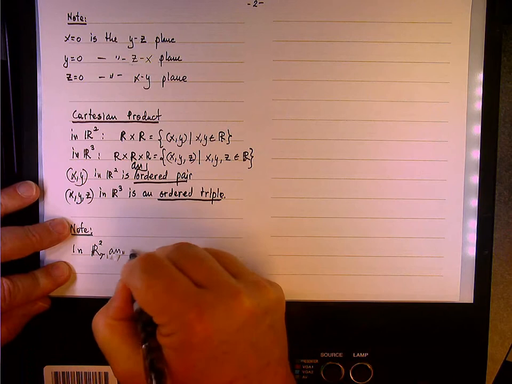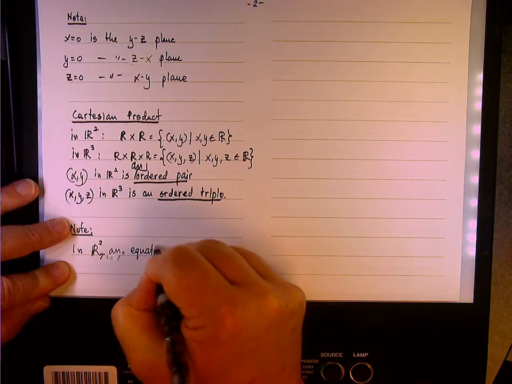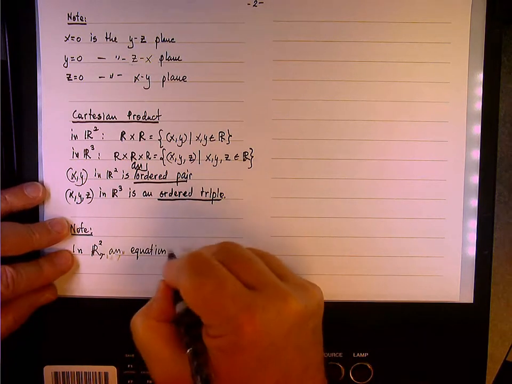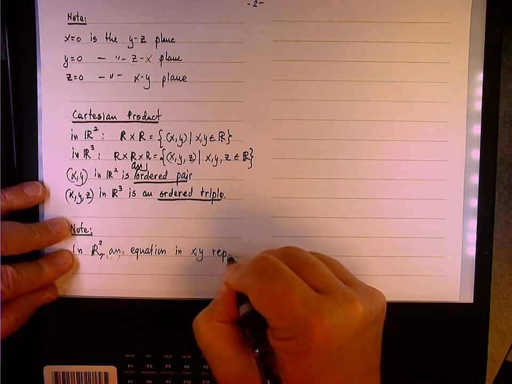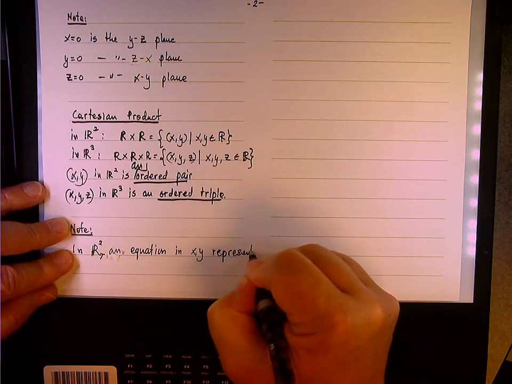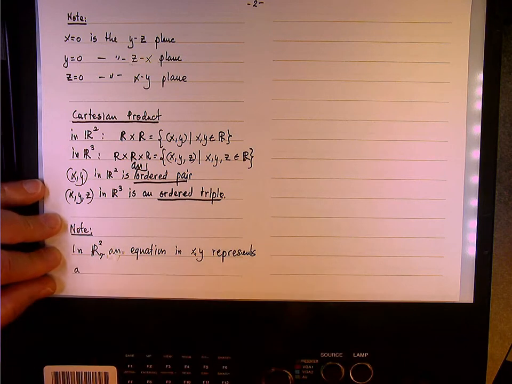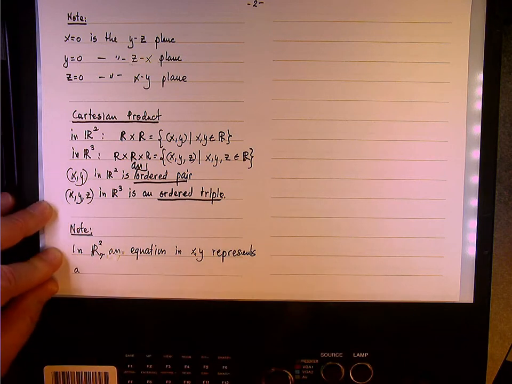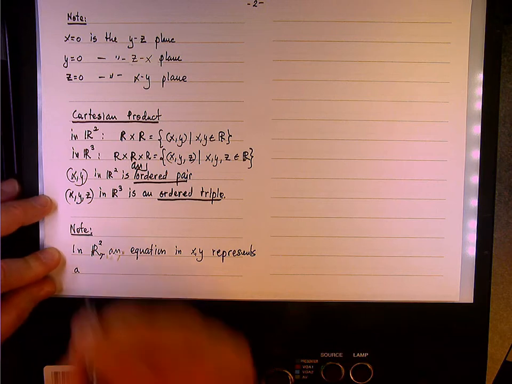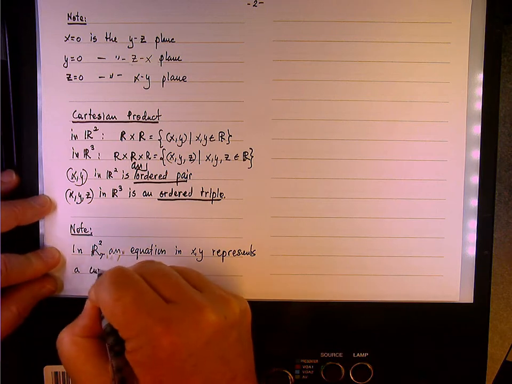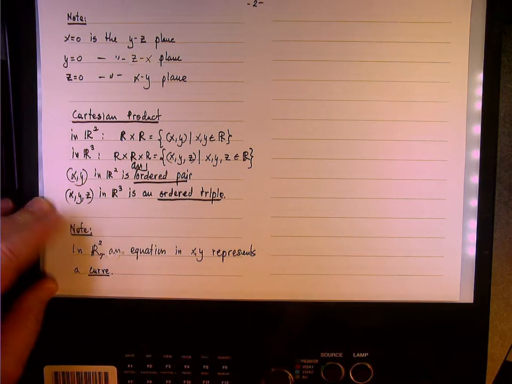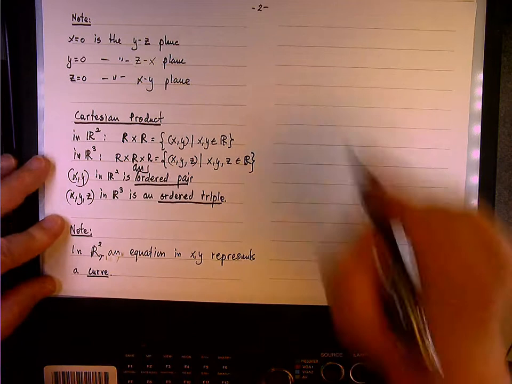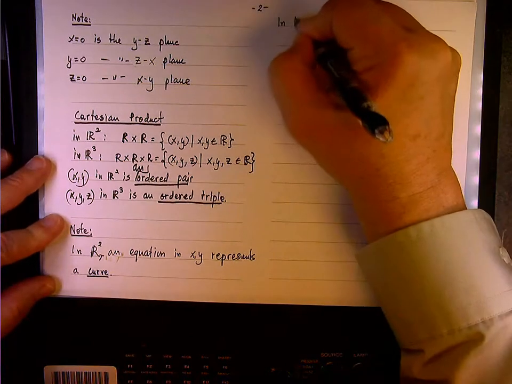In R2, like so, an equation in xy represents a what? What will it represent? An equation in xy in R2 represents a curve, exactly. I was expecting to hear somebody say a line, but no, a curve.